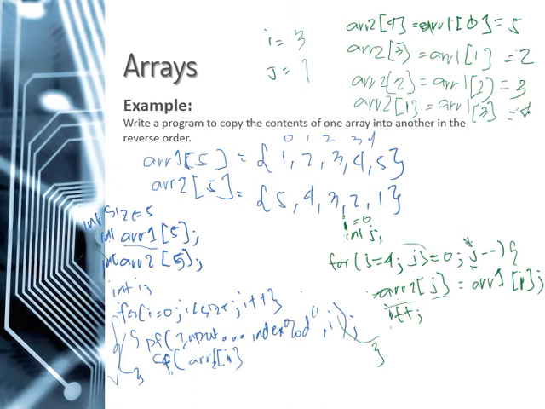It is 4. Okay? Then i increments again and becomes 4, and our j is equal to 0. Now, 0 is still greater than or equal to 0. This is still true, so it will execute again.